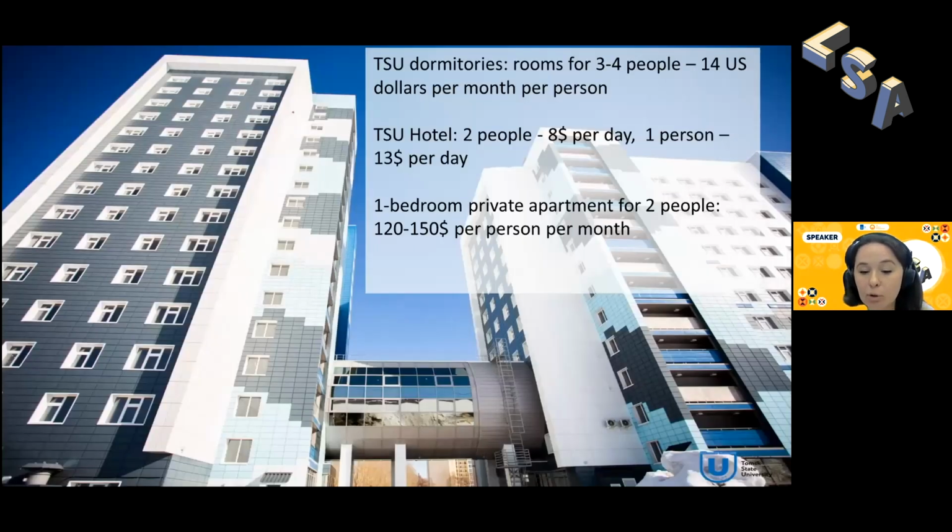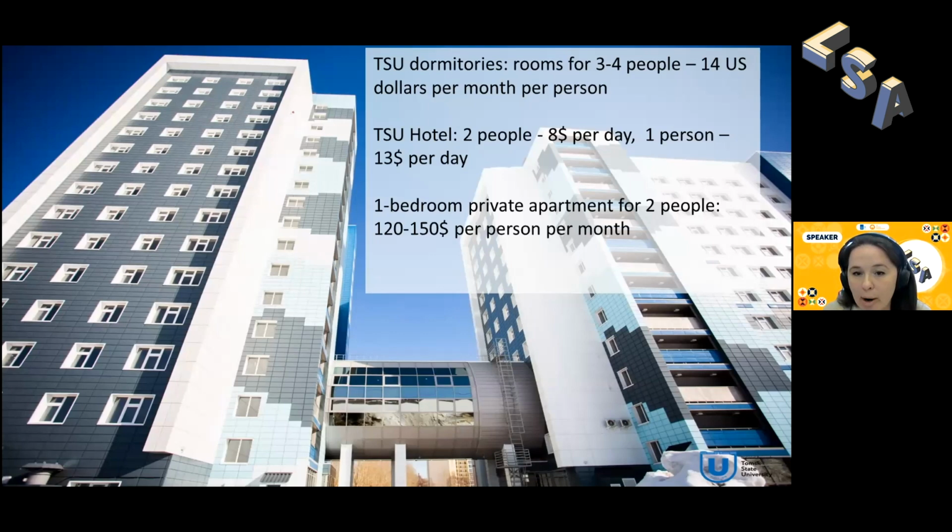And here is the view of our newest dormitory, which is situated in close proximity to the river. And here you can find the information about our accommodation options. Generally we have rooms for 3 or 4 people. Also there are some rooms for 2 people.